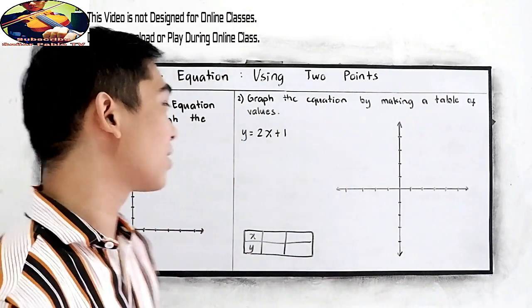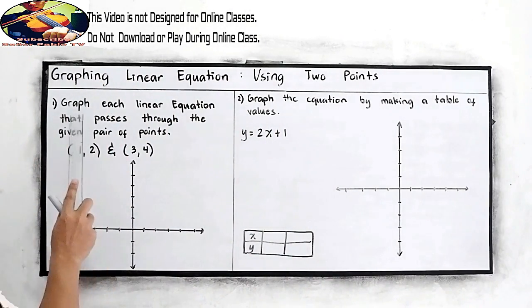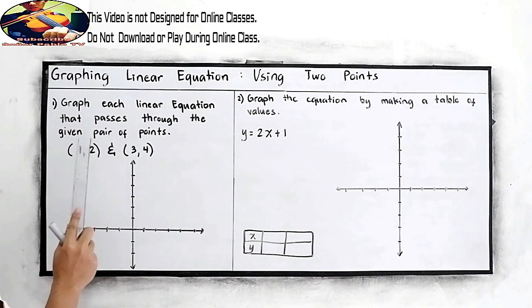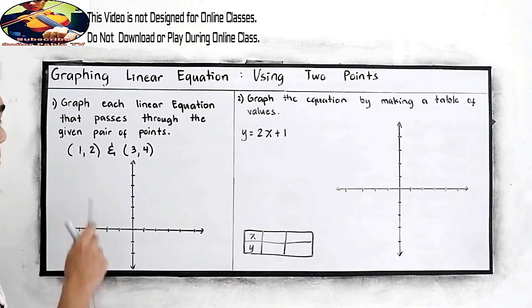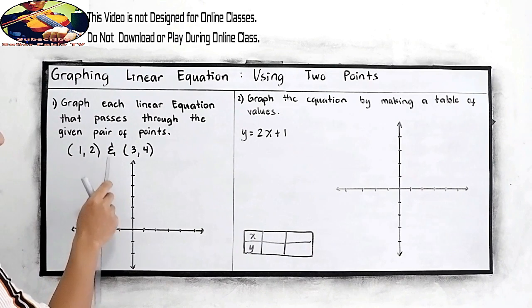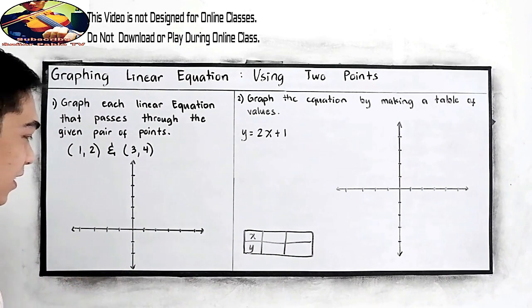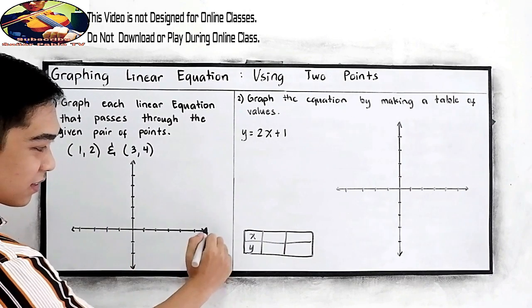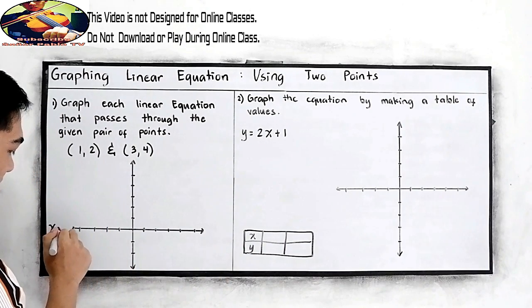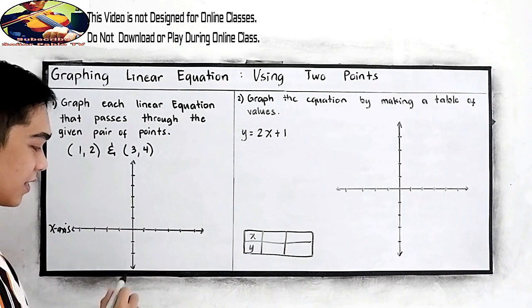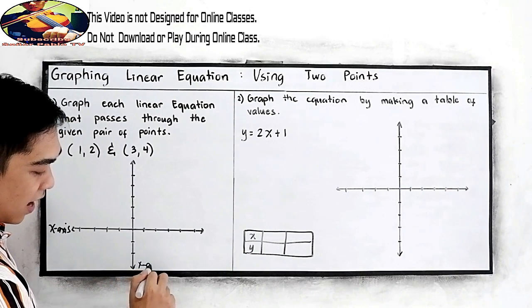Okay, let's try to answer this one. Graph each linear equation that passes through the given pair of points: 1, 2, and 3, 4. In our Cartesian plane, this is our x-axis, and the vertical line is the y-axis.